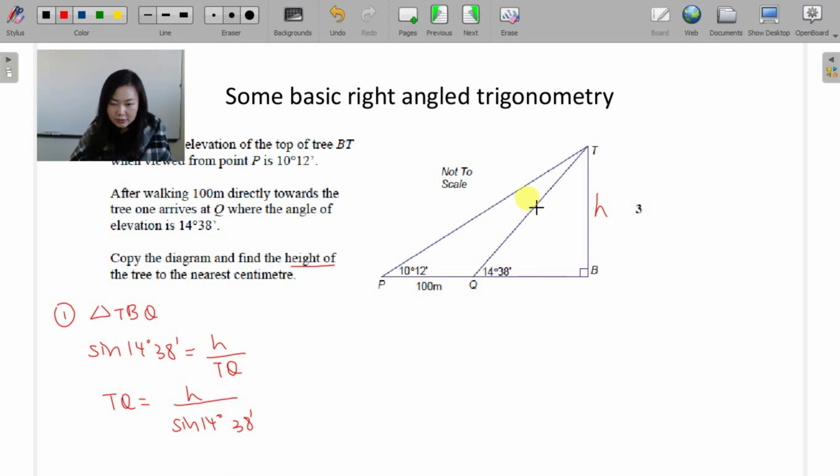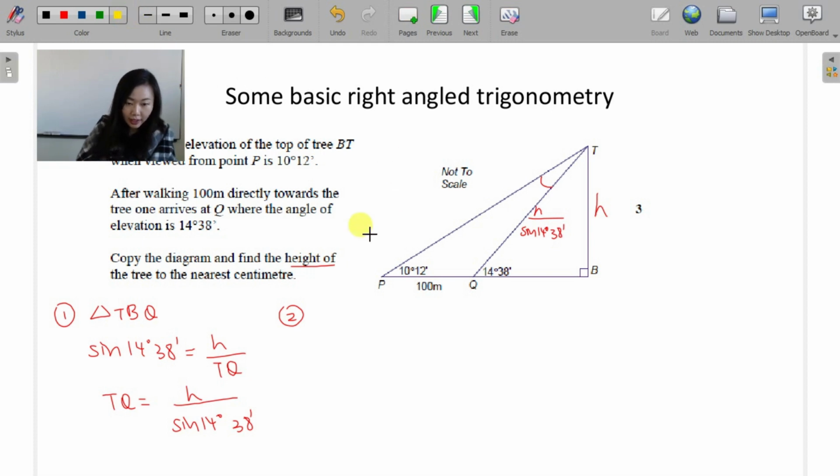Let me note that down: h on sine 14°38′. Now I was planning to apply the sine rule, so let's investigate what we have. We have that side and the opposite angle, so that's good. We have that, but we're missing the opposite angle, so we need to find this angle here. And it's actually pretty easy.